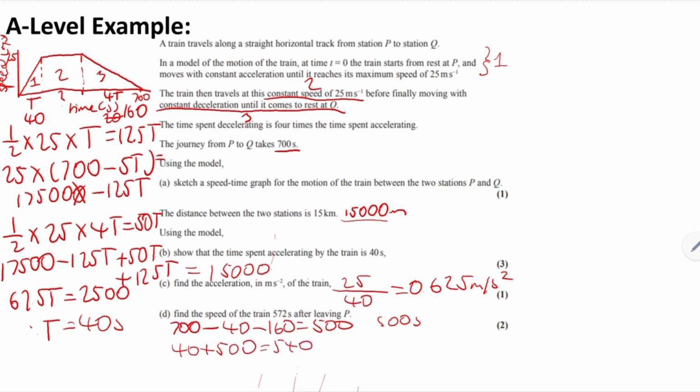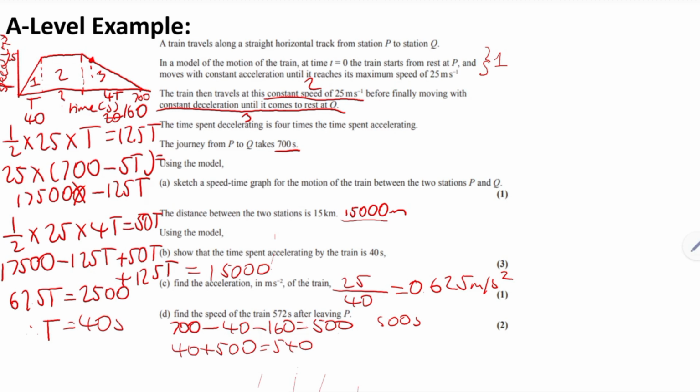And as 572 is between 540 and 700, we know that 572 will be the part where the train is constantly decelerating, which is somewhere on the graph around here.